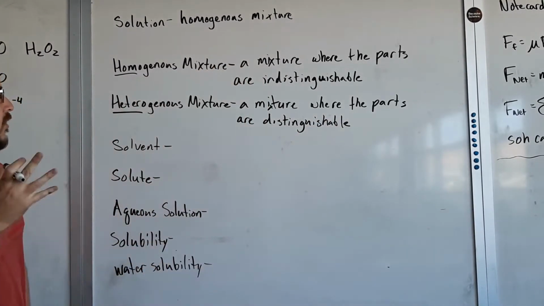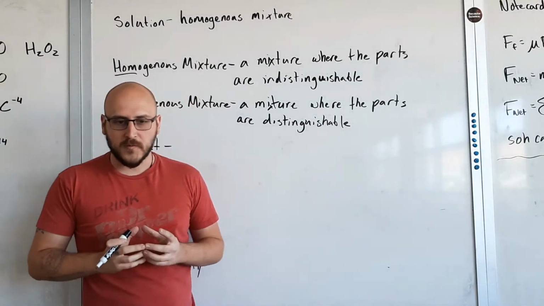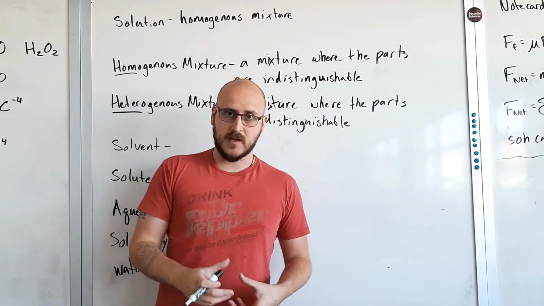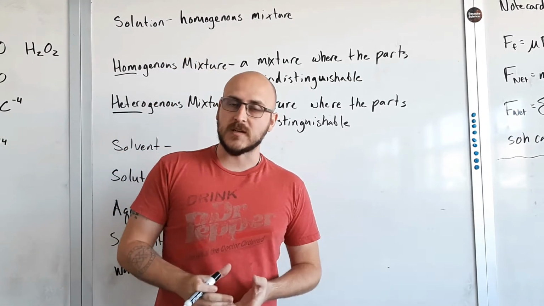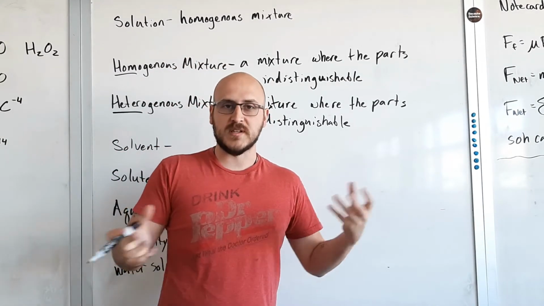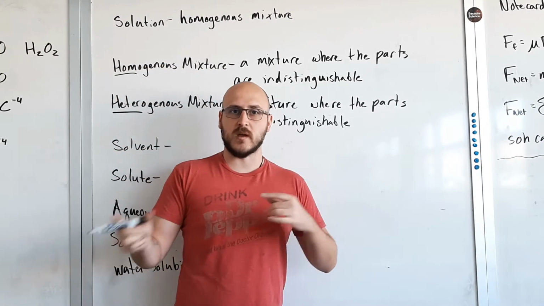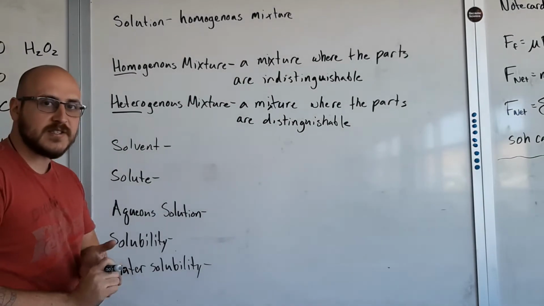All right? So when we're looking at a solution, typically it will be formed by something being dissolved into something else. Okay? In most cases, we'll be looking at acids or things being dissolved into water. Okay? So whenever something is being put together into a solution, something will be dissolving and something else will be doing the dissolving. Okay? So those are our two pieces. We've got a solvent and a solute.